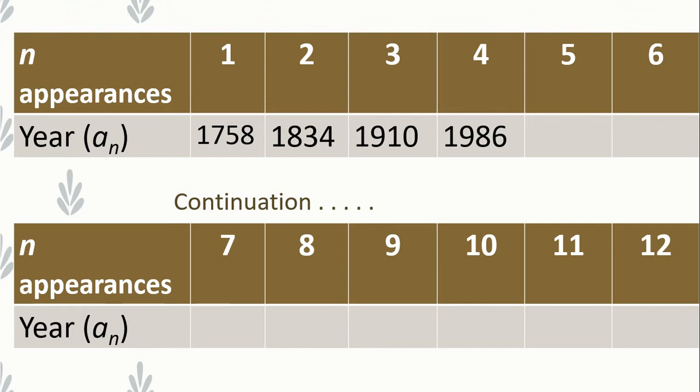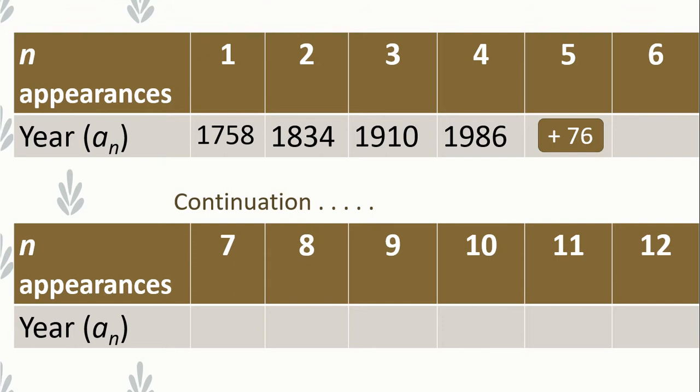Another example: suppose you are asked to solve for the 12th year of appearance of the same comet. By following the recursive sequence, again, we will just continually add 76 years.